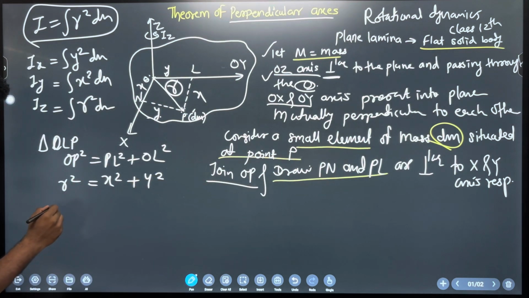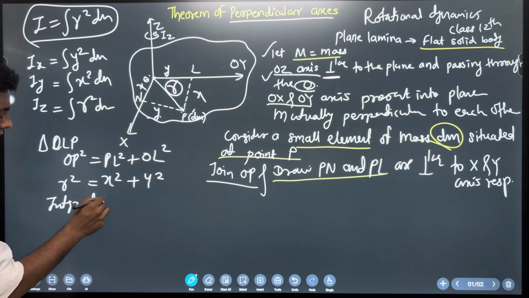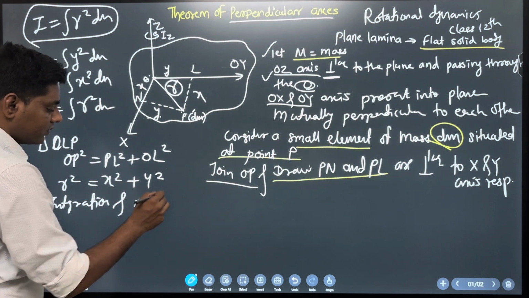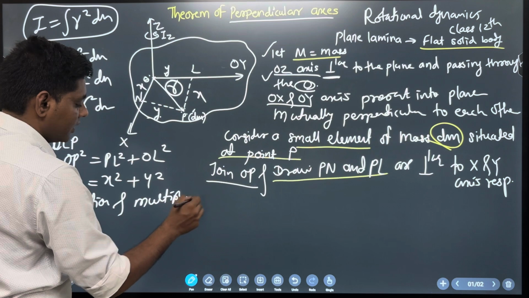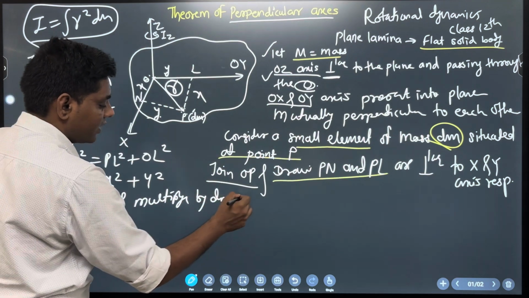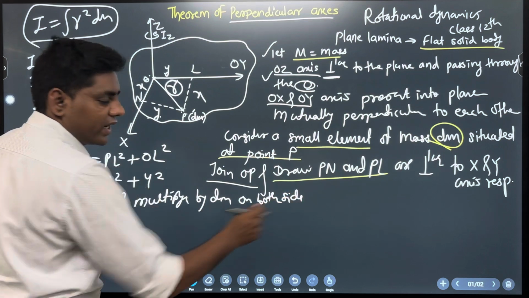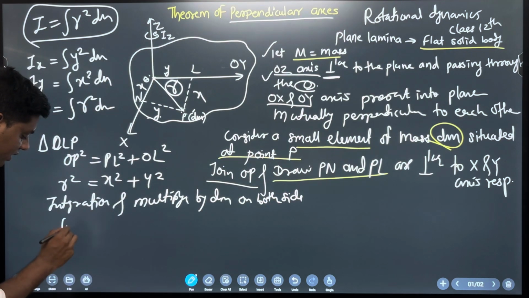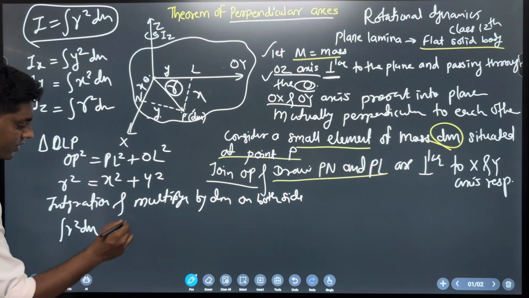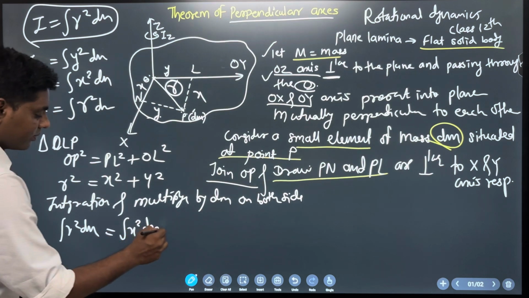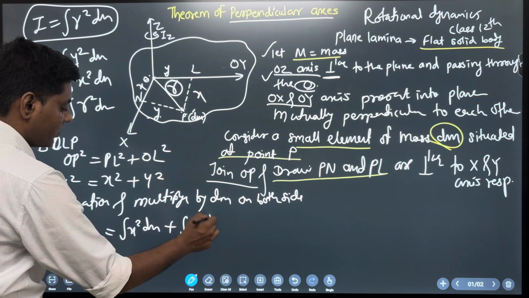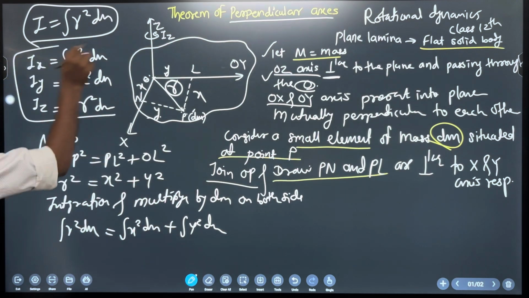So r square equals x square plus y square. Again, taking the integration and multiplying by dm on both sides, we get integration r square dm equals integration x square dm plus integration y square dm. Substitute the values from this observation.